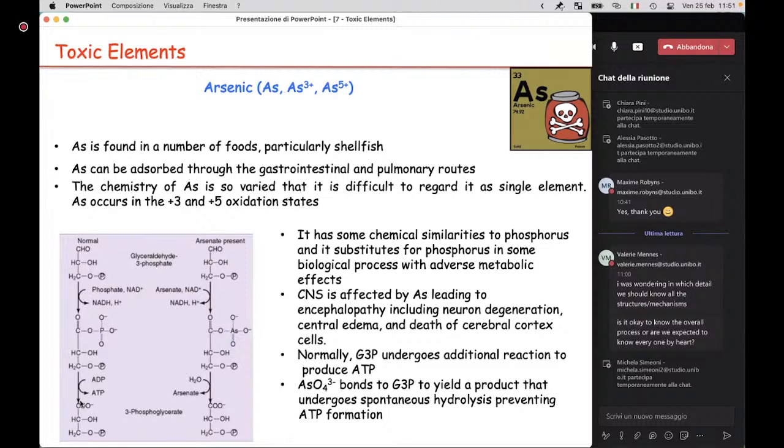You remember where we obtained energy from sugars, okay? And here we have NAD+ that becomes NADH. And here we have ADP that becomes ATP. And this is one of the steps where we produce ATP during cellular respiration.